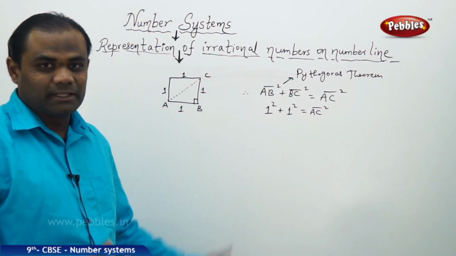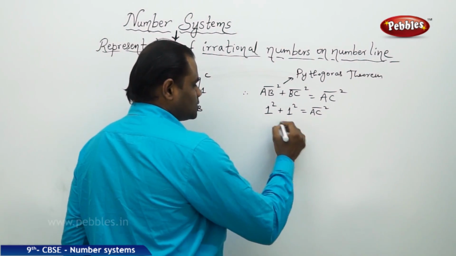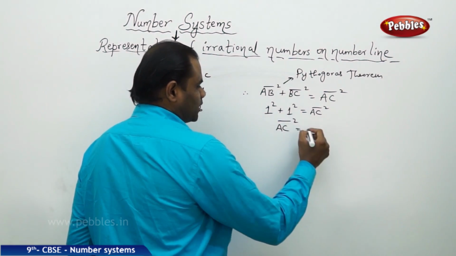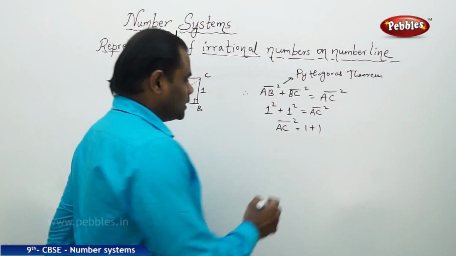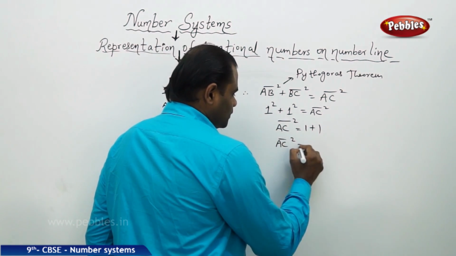Now when I simplify this, I get AC squared equals 1 squared, which is 1, plus 1 squared, which is 1, which on adding gives me AC squared equals 2.